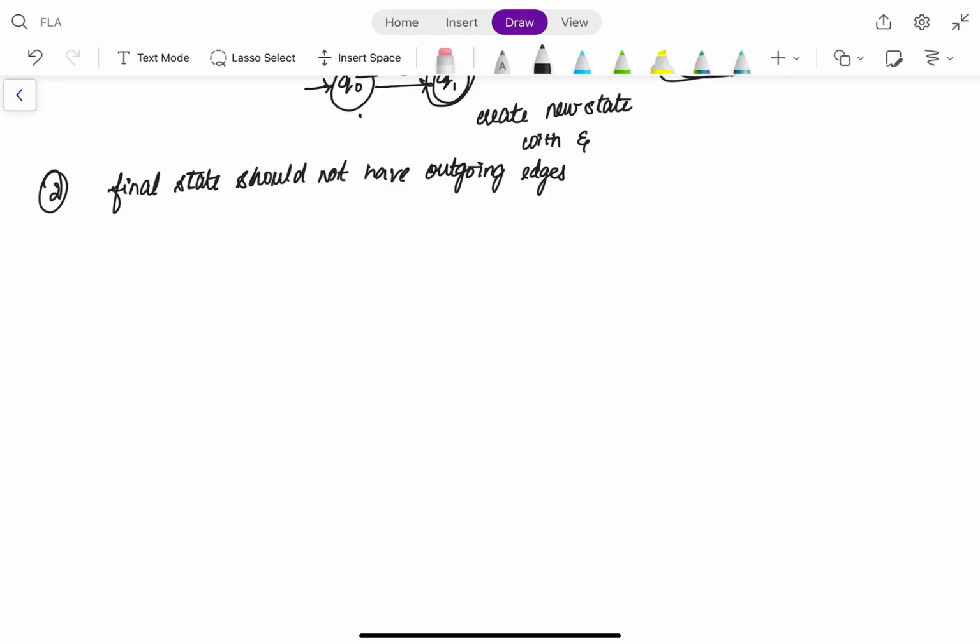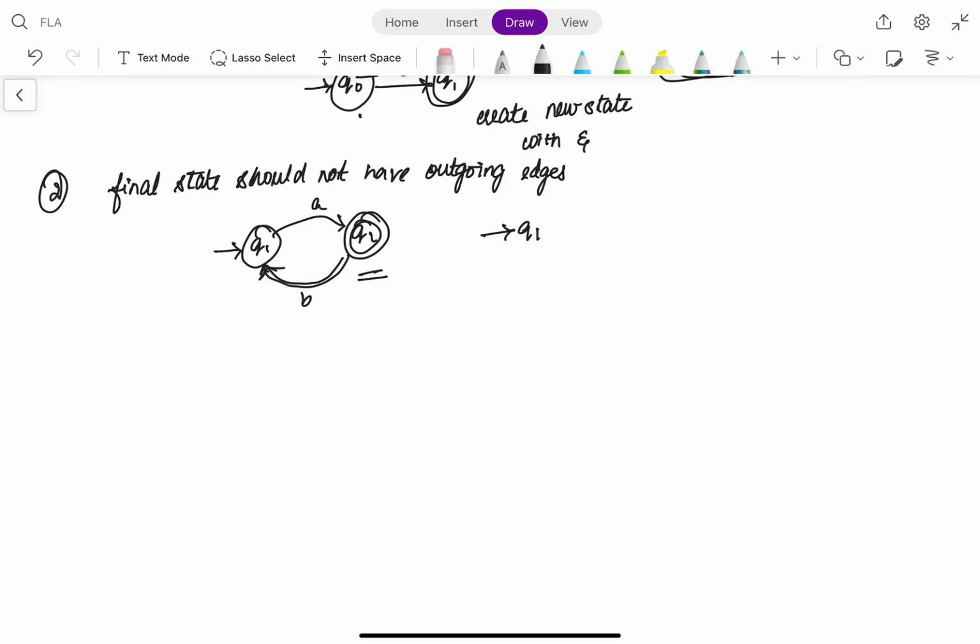So here Q1, A, Q2, then B. So this is an outgoing edge. Something is going out of the final state. This also should not be there when you are converting a finite automata to a regular expression.